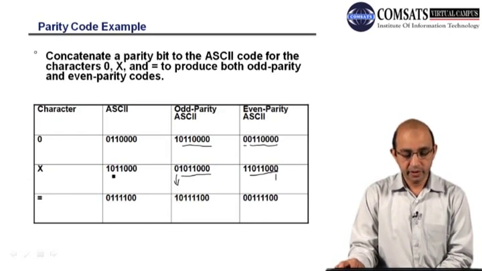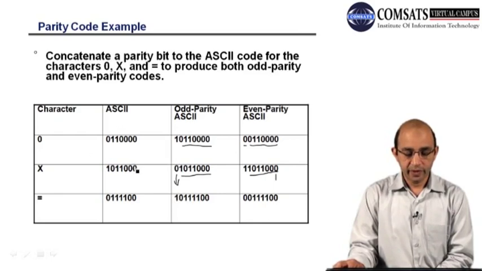So the number of ones is already odd, so we will place a 0 over here, and when we talk about even parity, we will place a 1 to make the total number of ones even, right? So this is the equal sign, right? The number of ones in the ASCII is 4. So in odd parity we have to place a 1 to make them odd, because we are talking about odd parity over here, and here we have to place a 0 because the number of ones is already even.